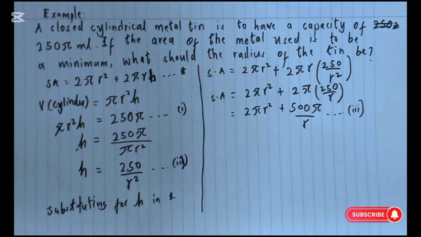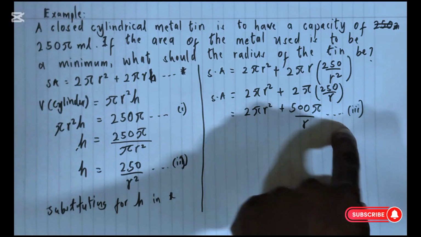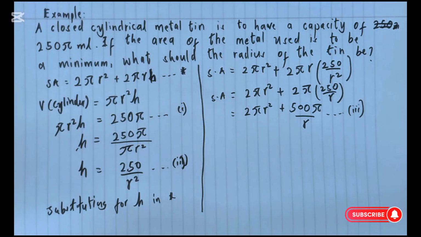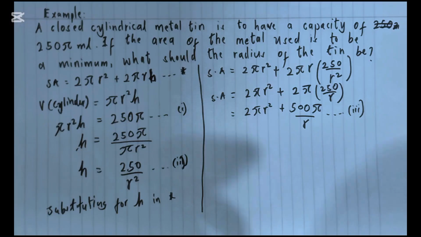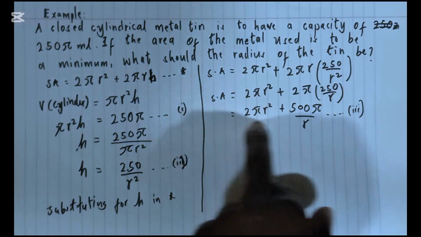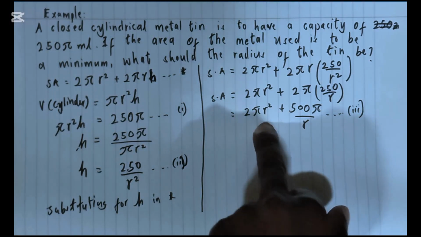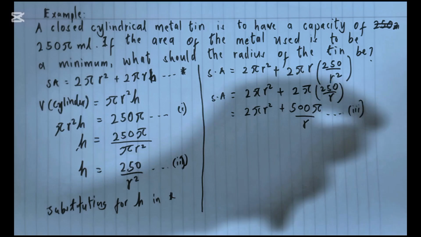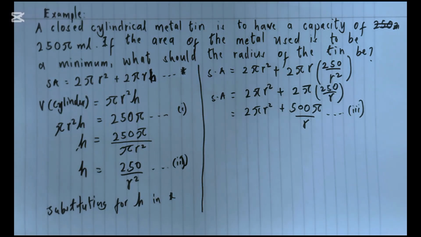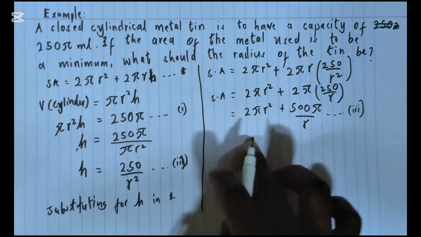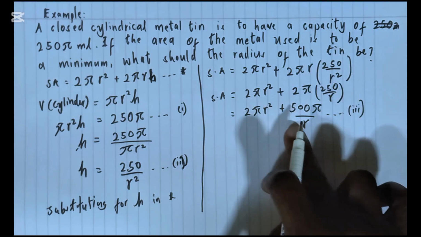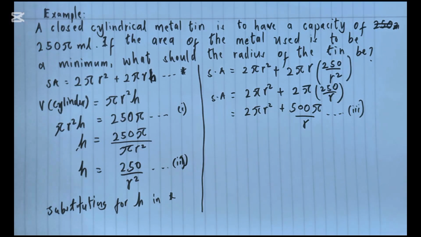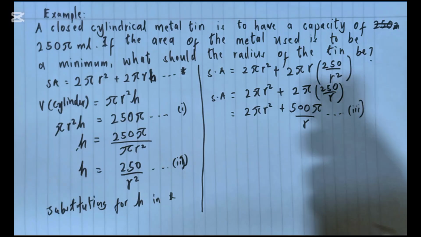So for us to solve this particular problem, we are going to have to differentiate equation 3 and equate it to 0, of course, because now we only have one unknown, and that is r. So we can basically go ahead and find the derivative of equation 3. But before we do that, I want to write this term here, 500 pi all over r, in a form that makes a lot of sense.